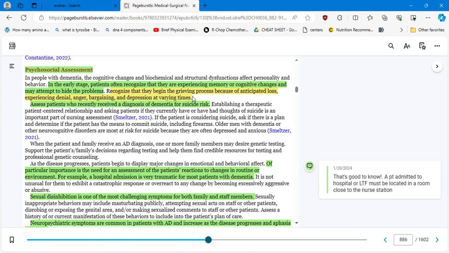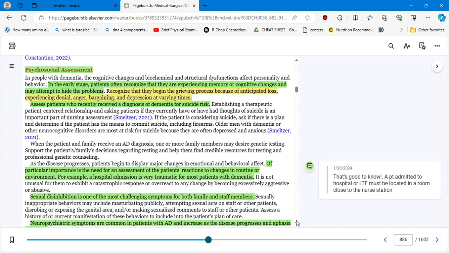And we need to provide a lot of support, right? Assess patients who recently received a diagnosis of dementia for suicide risk. This is very important. We need to be very knowledgeable to be able to identify who is at risk for suicide.